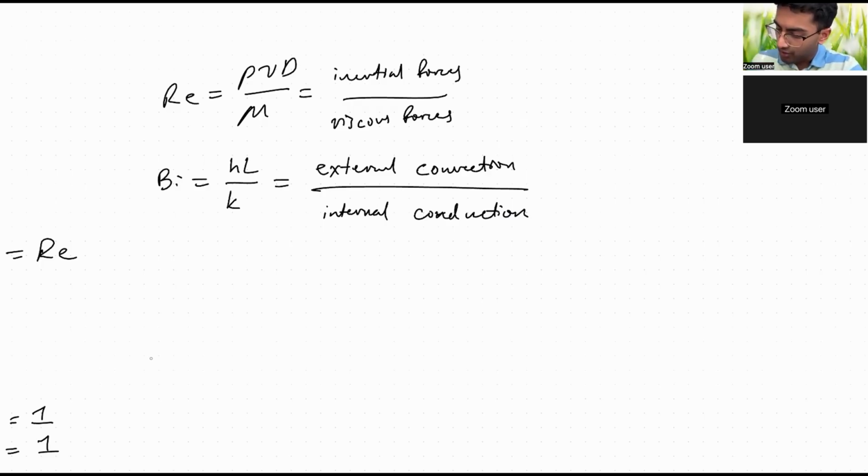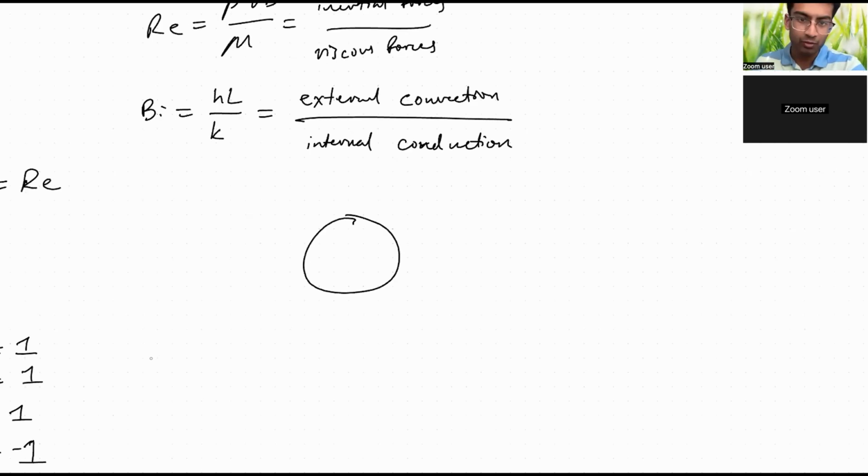And essentially, a great example of this one is, let's say you have a ball of some material and you put it inside an oven, a really hot oven. So you have heat transfer from the surrounding air via convection, and then you have heat transfer inside the actual material itself, and that's conduction.